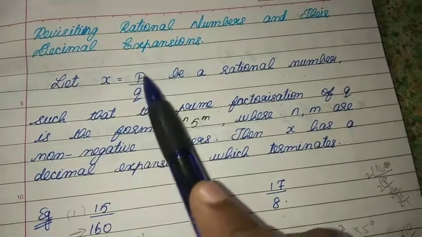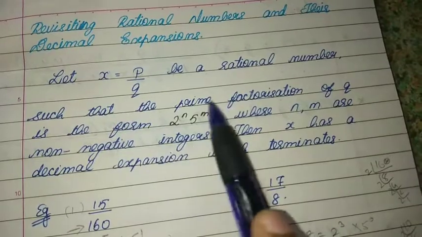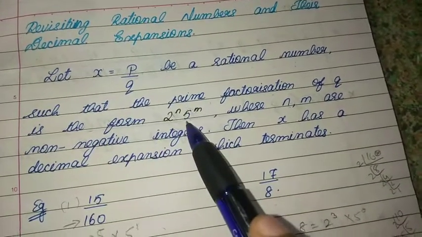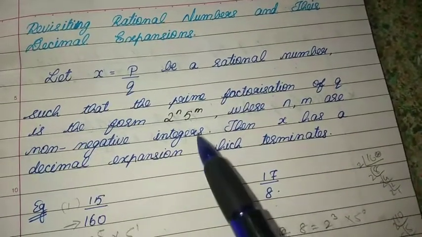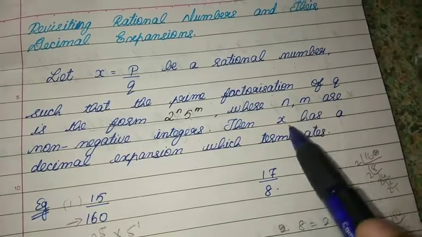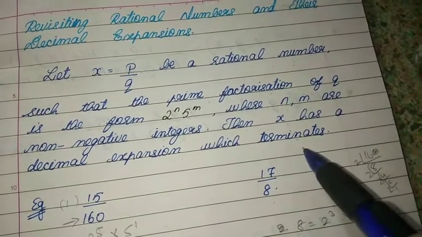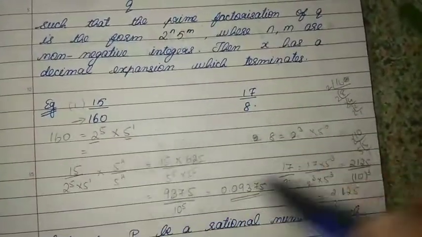Let x equal p by q be a rational number such that the prime factorization of q is of the form 2 power n 5 power m, where n and m are non-negative integers. Then x has a decimal expansion which terminates. Terminates means stops. I think you will be clear with this example.